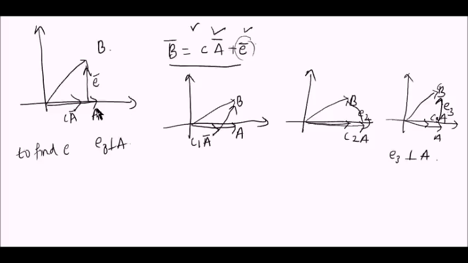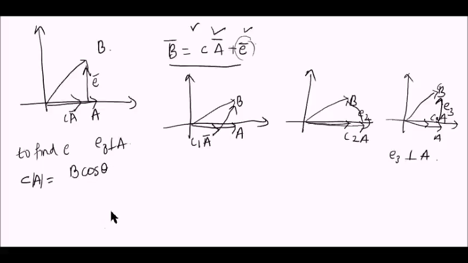So now this will form a right angle triangle. If you see, CA, E and B will form a right angle triangle. So from this I can find the value of CA. I am taking the magnitude: CA equals the component of vector B along the direction of A, which is nothing but B cos theta.